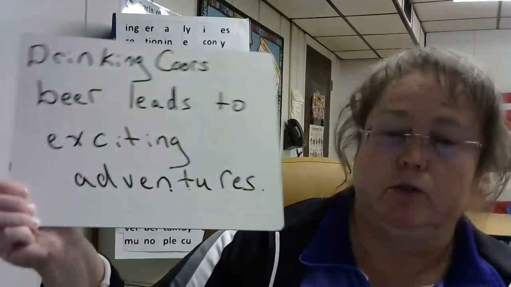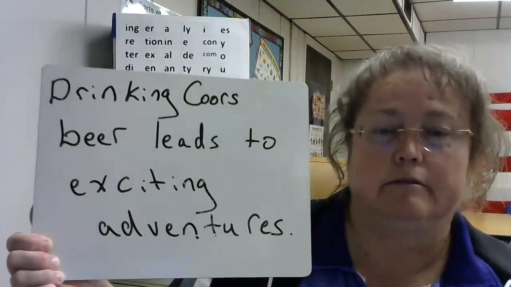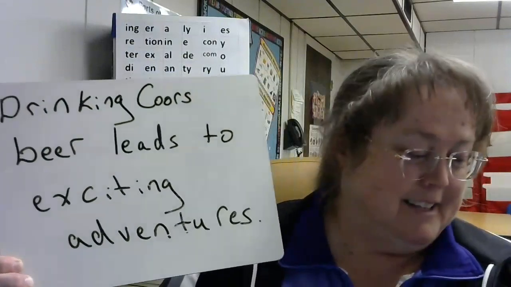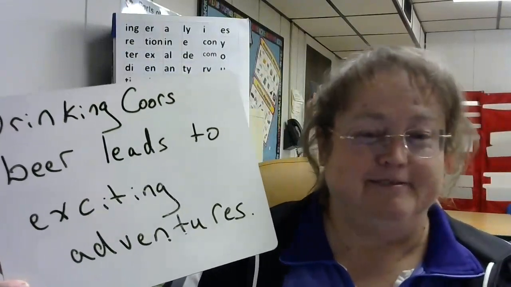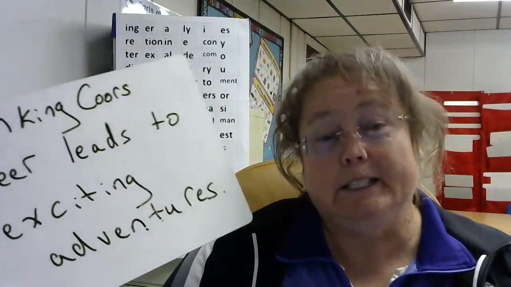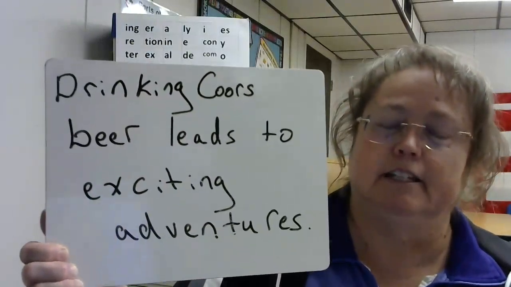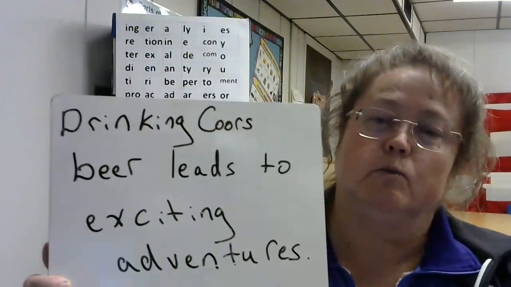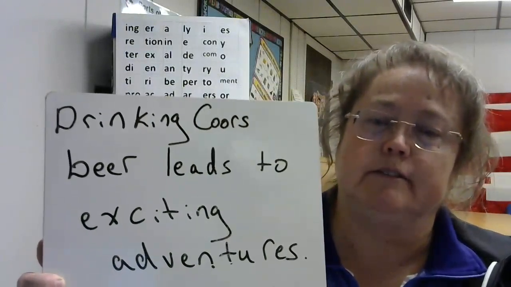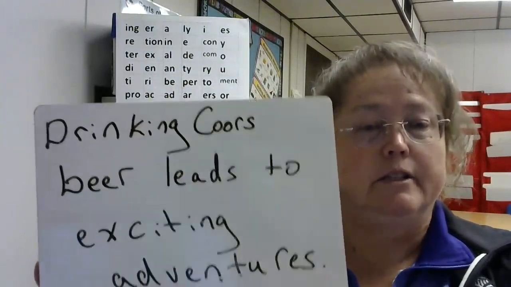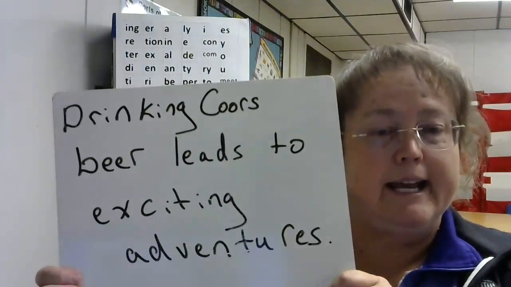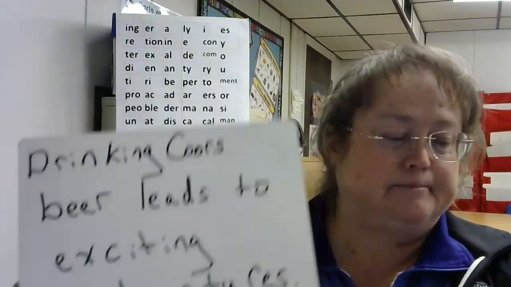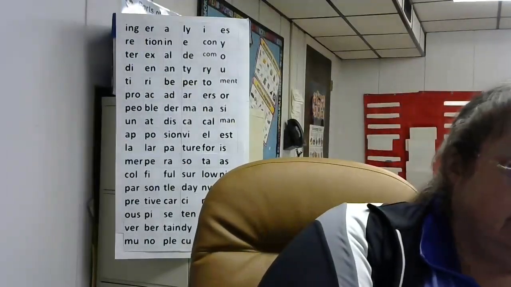Drinking Coors beer leads to exciting adventures. Okay, so not necessarily true, but it's a good ad, and that's a pretty good sentence. And how many words are in that? 1, 2, 3, 4, 5, 6, 7. So does that get the main idea or the gist of this magazine ad? All right.